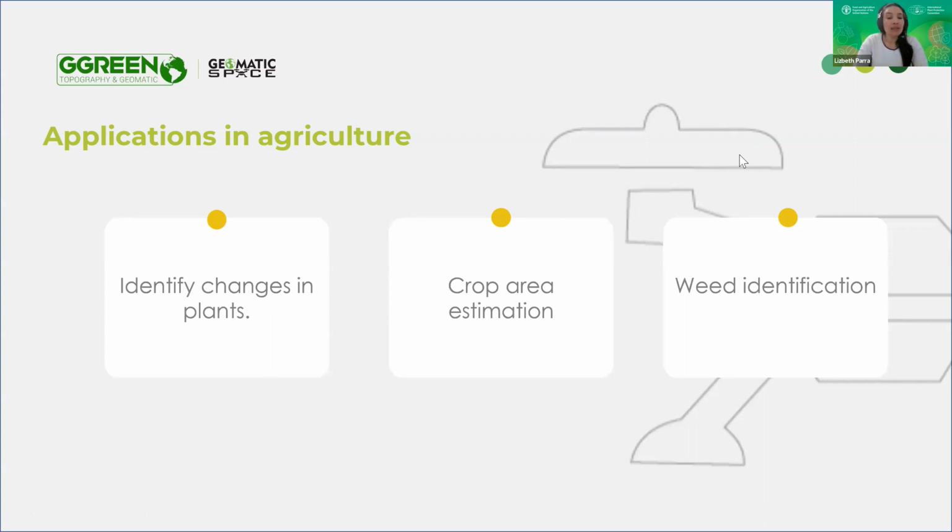También tenemos la estimación de áreas de cultivo, que funciona principalmente para definir la ocupación de un cultivo en una zona específica. Y tenemos una tercera aplicación que es la identificación de arvenses o malezas dentro del cultivo. Siguiente lámina, por favor.